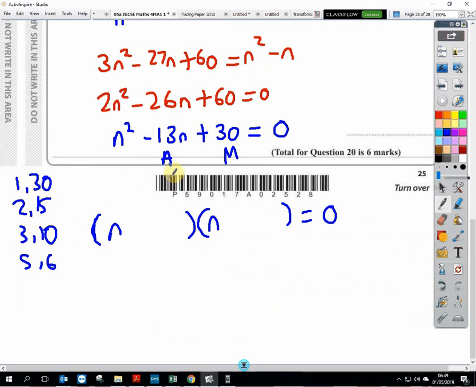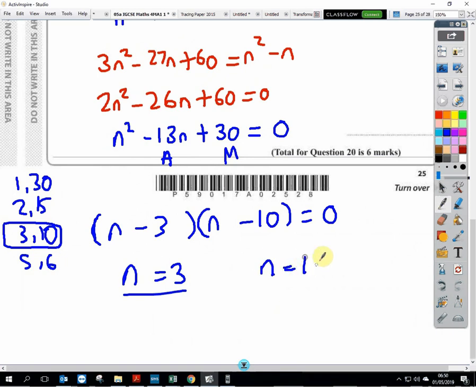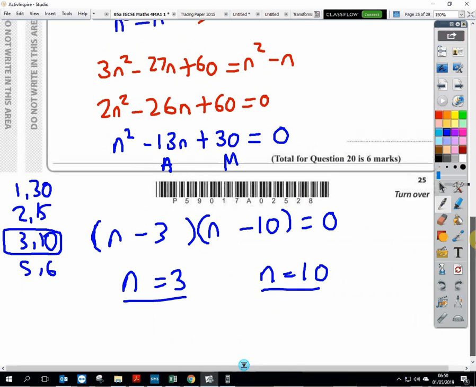I want to end up with negative 13 when I add them, so I can use 10 and 3 if I make them both negative. And that means n is 3, or n is 10 when you solve. You set the bracket equal to 0, and you rearrange it to work out n. So n is either 3 or it's 10.